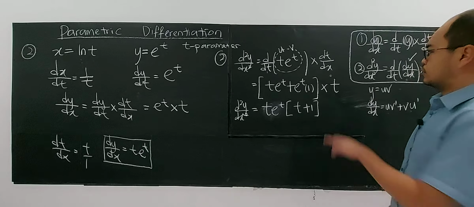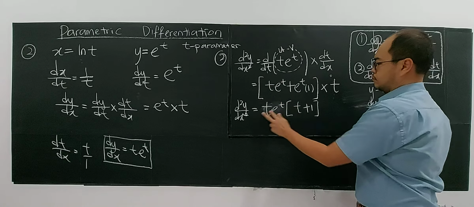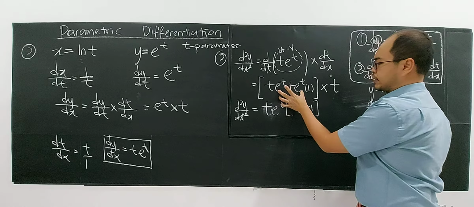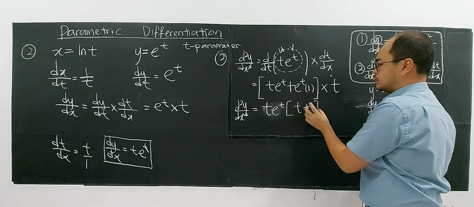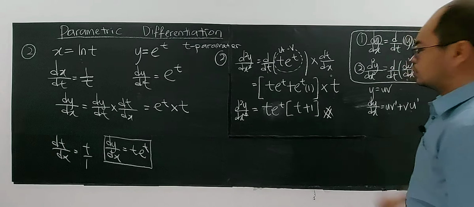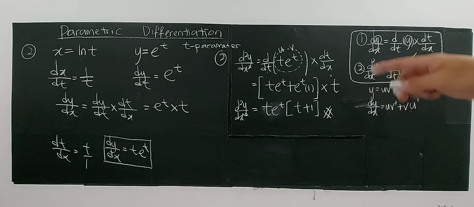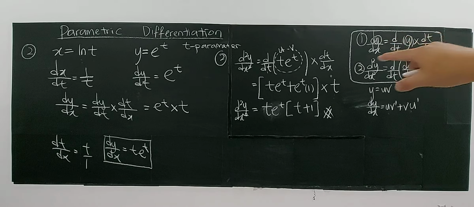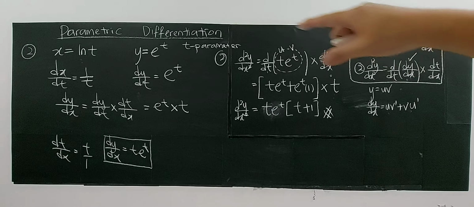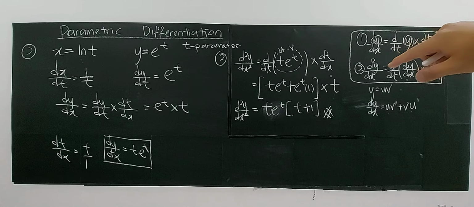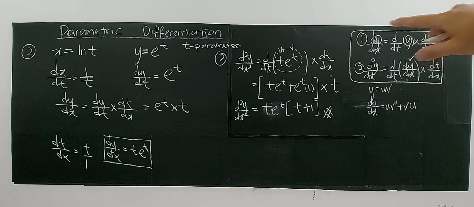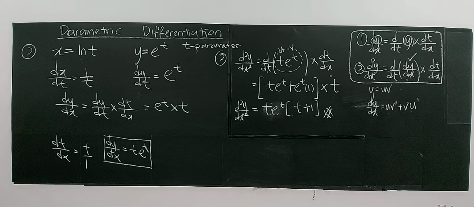This is also your answer. This is the way. The most important thing is that you must know how to do parametric differentiation by using this formula, or applying the chain rule. So we go for more examples in the next video.